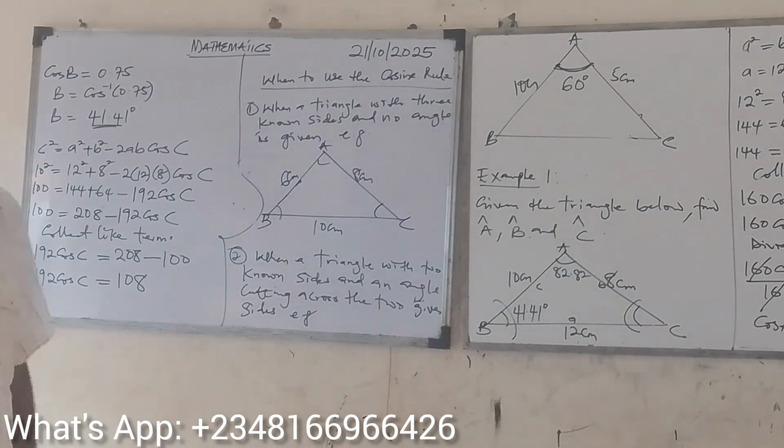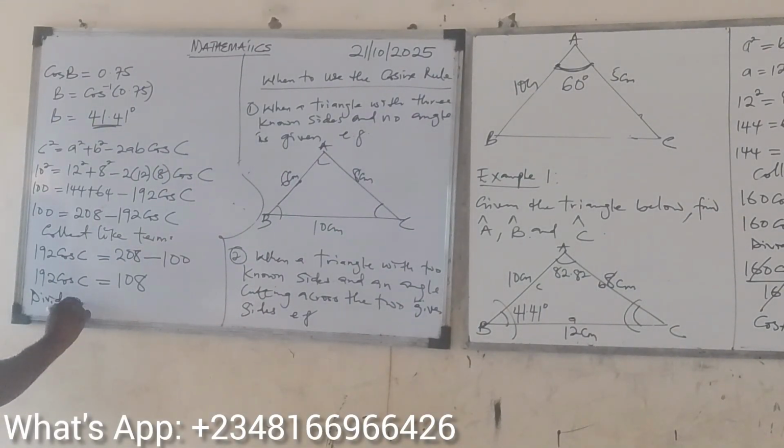So the next step is to divide through by the coefficient of cos big C. The coefficient of cos big C is 192, so we are dividing both sides by 192.